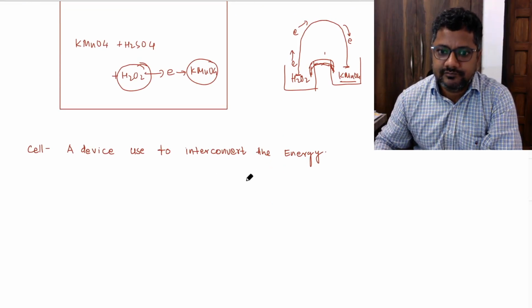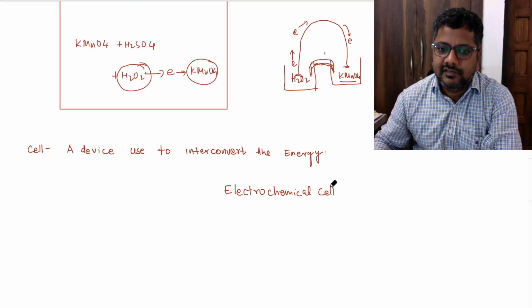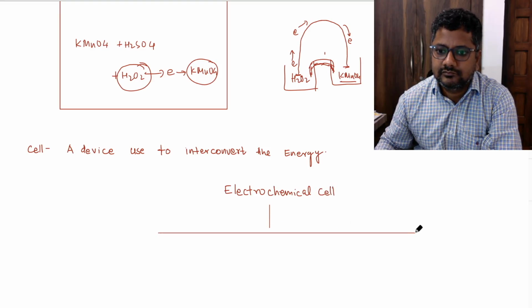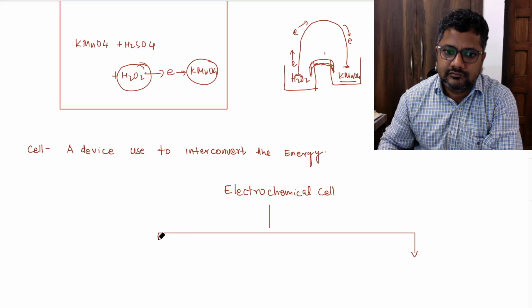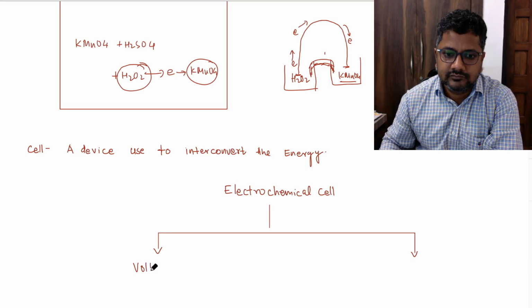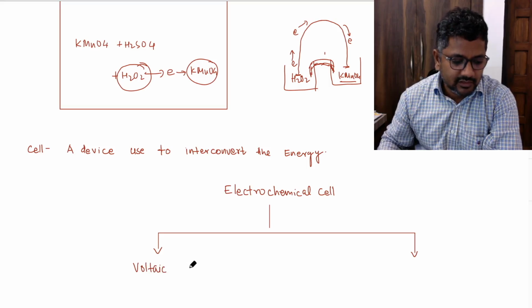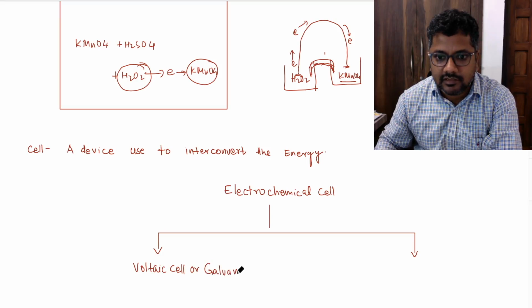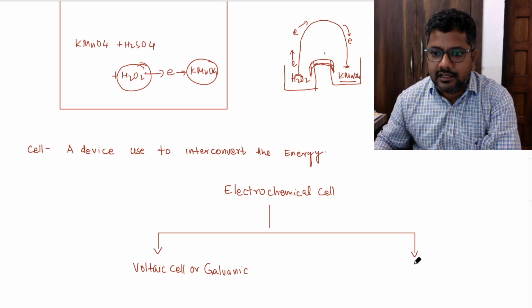So, you can classify an electrochemical cell in two parts: voltaic cell or galvanic cell, and electrolytic cell.